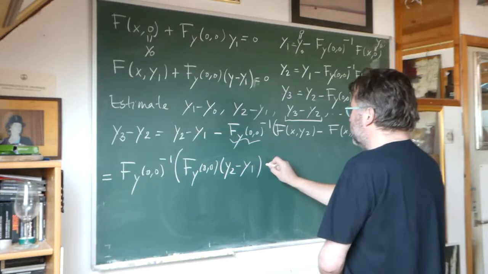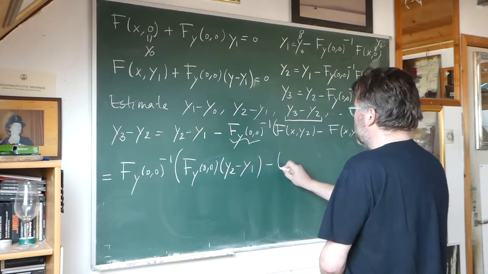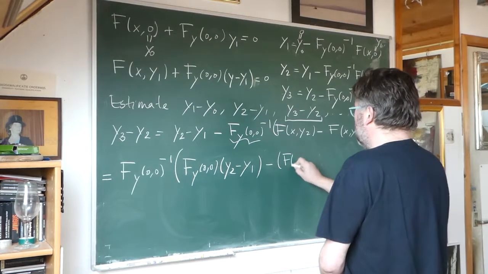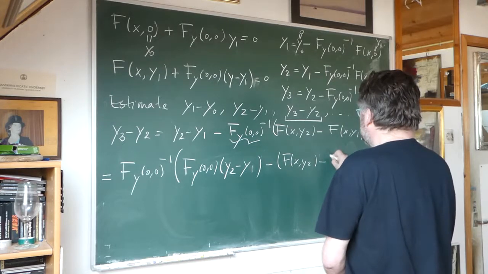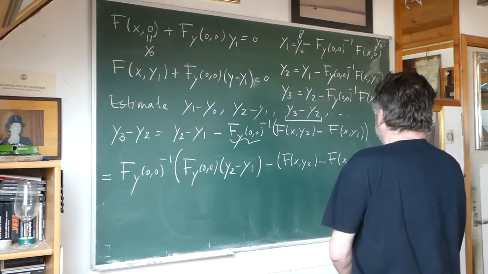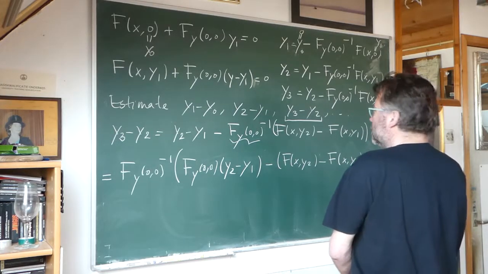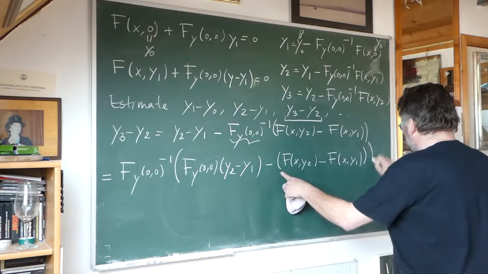And then here I have minus, this is gone, so this is f of x and y2 minus f of x and y1, closing bracket, another closing bracket.